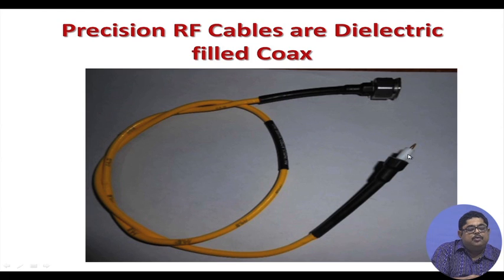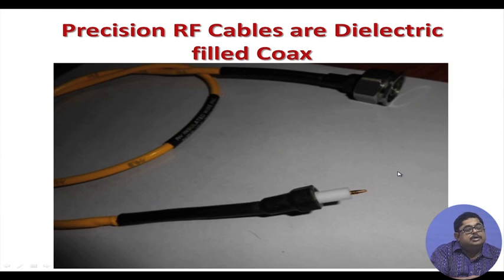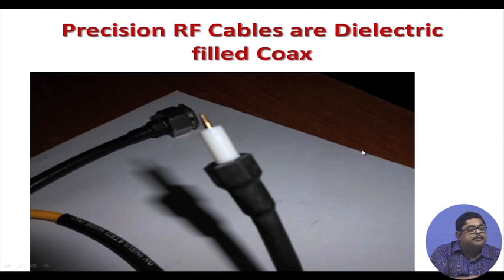So the white is the dielectric filling, and then you can see the inner conductor. The outer conductor you cannot see here because it is shielded, beneath this black covering. These are some more views so that you can see it more clearly. This is the central conductor.